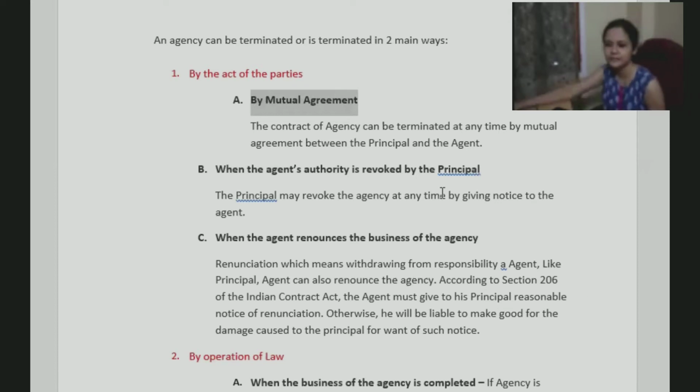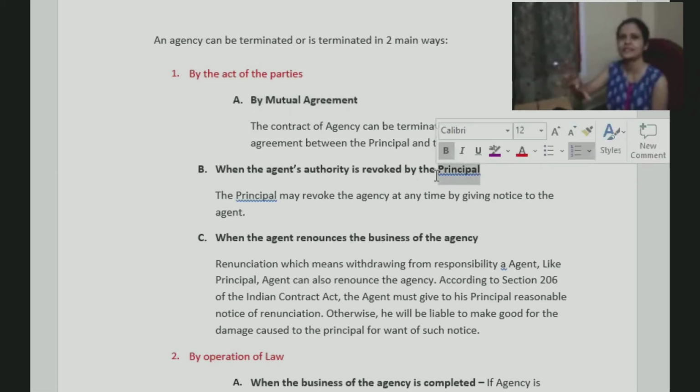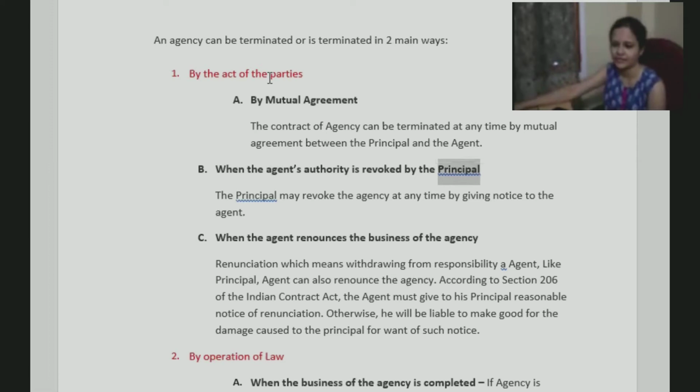But the principal has this option of revoking authority. If the principal revokes or takes back the authority given to the agent, that would also lead to termination of the contract. Here it is because of an act of the principal, that is revocation of authority, that there is termination of contract.